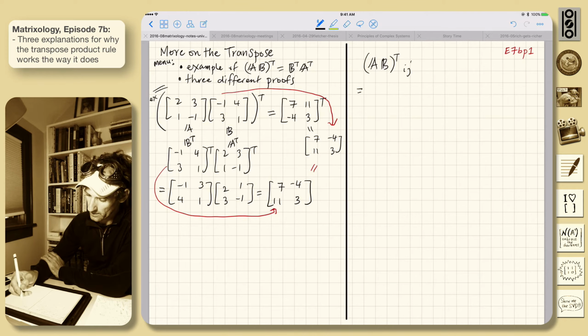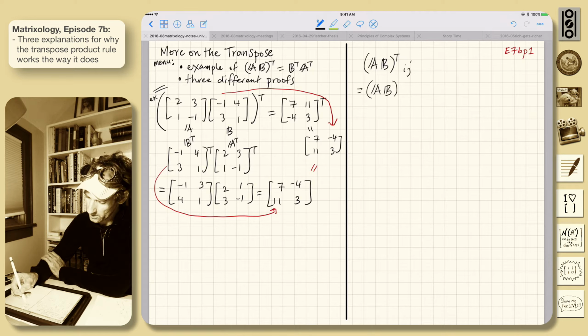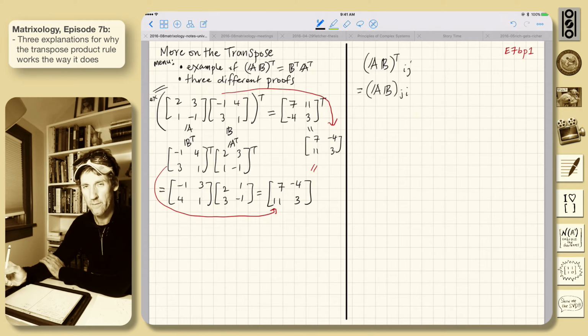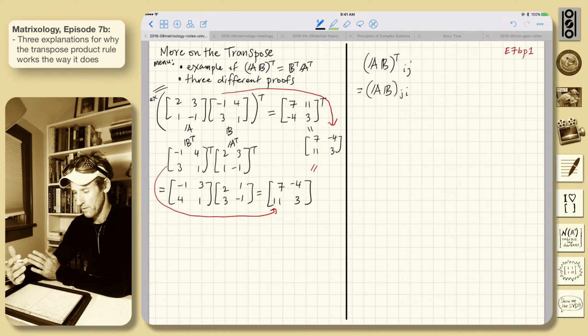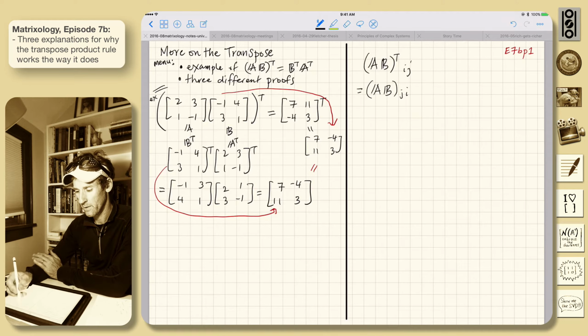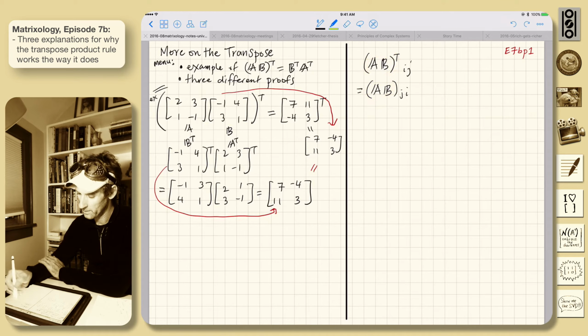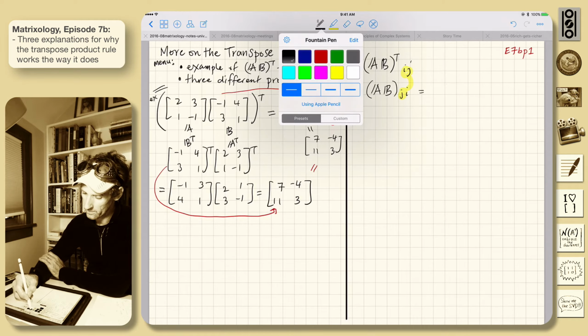Definition of transpose, right? That is that this is AB, the product of them. It's the jith entry, right? So if this was row 2, column 3 of the transpose, then that's row 3, column 2 of the normal one. So that's an important swap just there, and I'll leave it marked. Well, let's now imagine these things have certain dimensions.